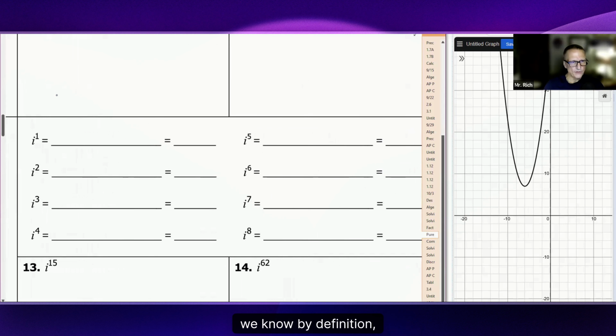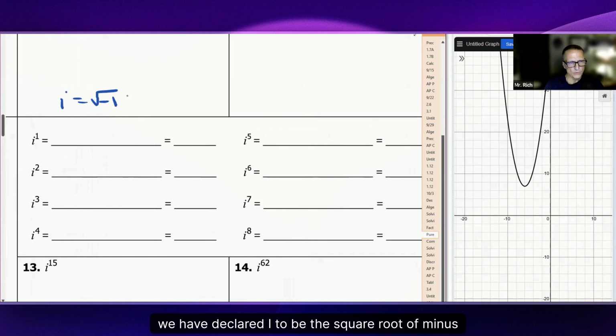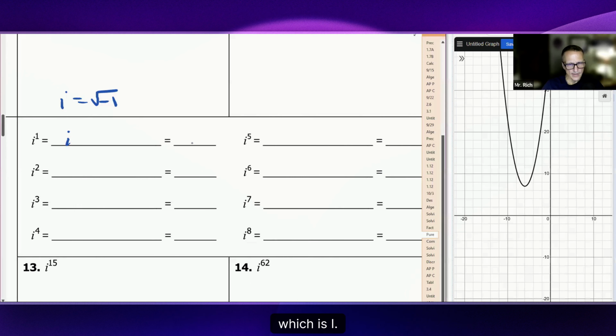By definition, we have declared I to be the square root of negative 1. So that's just I. Now, what is I squared? If you take this equation that defines what I is and you square both sides, you get I squared is equal to negative 1.